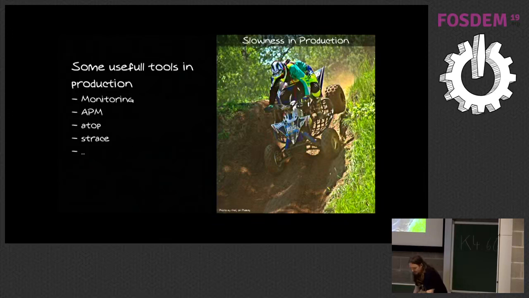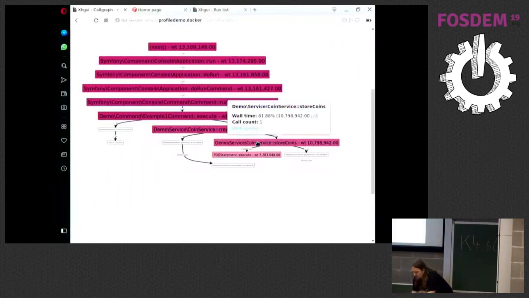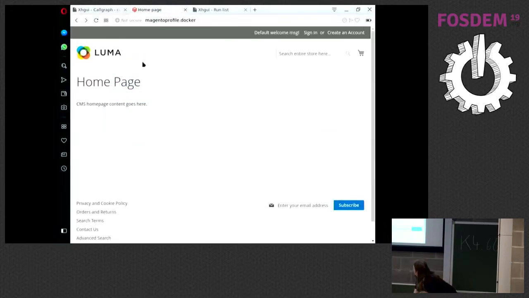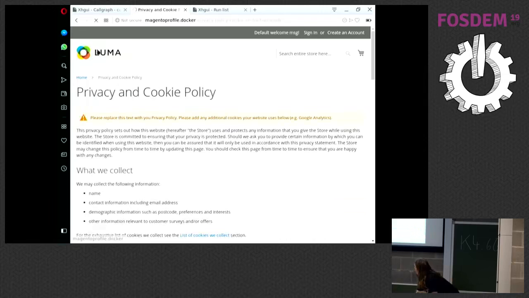So I have one other demo where it's not exactly obvious that something is slow. This is Magento. There are no products in it, so it's empty, but it doesn't matter. It's going to show that something is slow. I already said it, it's the contact page.